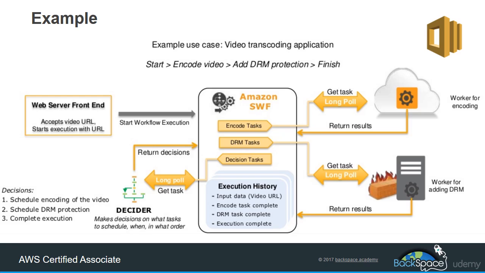And then the decider will communicate back to the SWF service. And from there, if everything is okay, it will go on to the next task, being the DRM task. Again, that will go into another task list, and when a worker is available, that task will be completed. And then we go back. The decider will decide that the execution has been completed, and that will be the end of that process.